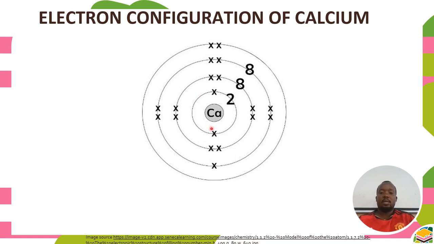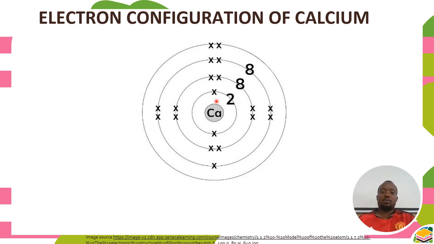We have electron number 1, electron number 2. So in total, we have 2 electrons. So from 20, if we subtract 2 electrons, we are remaining with 18 electrons. Remember, we want to arrange all the electrons in the energy levels.